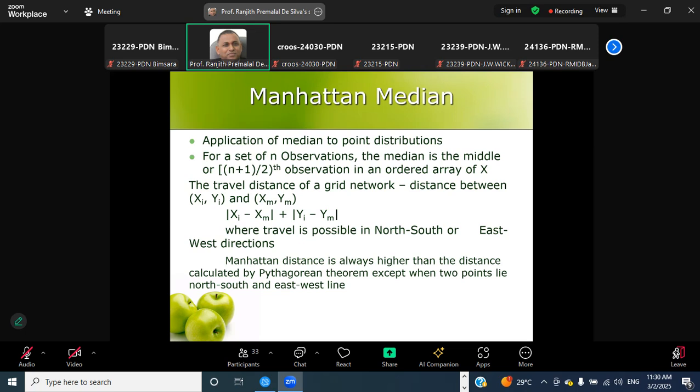Manhattan means all the roads are going either in the north-south direction or east-west direction, like a grid, as you said. That's why it's called Manhattan. So when it is a grid-like structure, we call it Manhattan.